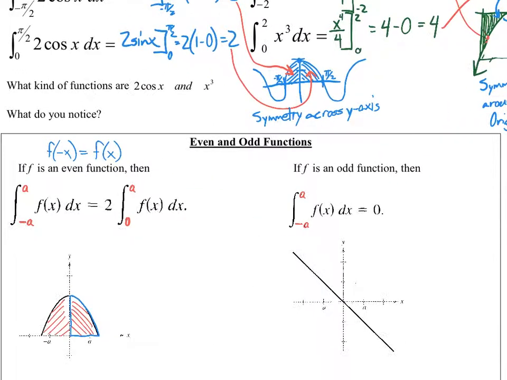And an odd function was when you plug in negative x, you get negative f of x. Okay? So that was the odd function.